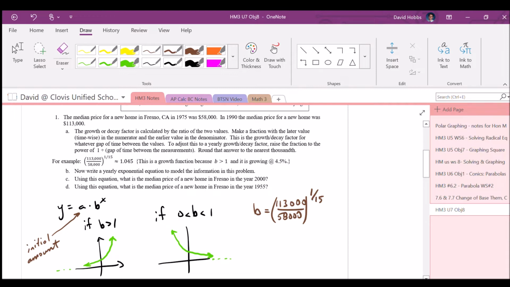Okay, so here we go. 113,000 divided by 58,000, that's like 1.9 stuff, but then I have to raise it to the 1/15th power. Now, on scientific calculators you might be able to get away without the parentheses, but a lot of times you do need the parentheses around the exponent, so it's a good idea to just put parentheses around the exponent right there.